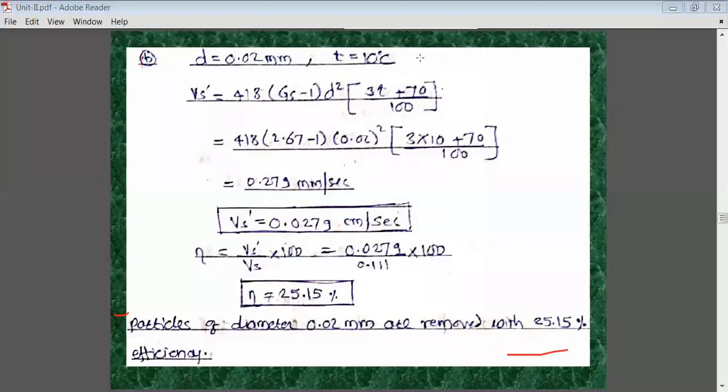Kshitija, I think this is the efficiency of the first particle, 157. So that is correct. But Anjali and Harshada, your answers have gone wrong due to some calculation mistake. Otherwise, everyone has solved the problem correctly. Correct. So let us solve one more problem.